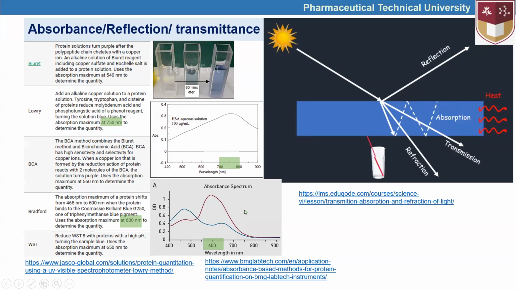So this means that we need to follow the protocol while we are carrying out colorimetry analysis.